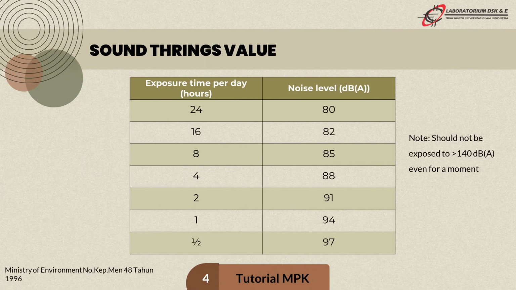And then, besides the type of area and environmental activities, noise limitation is determined by prolonged exposure per day in hours, like on this slide. You can take note it is prohibited to be exposed to more than 140 decibel, even momentarily.